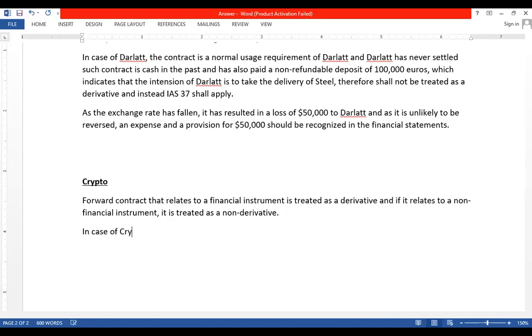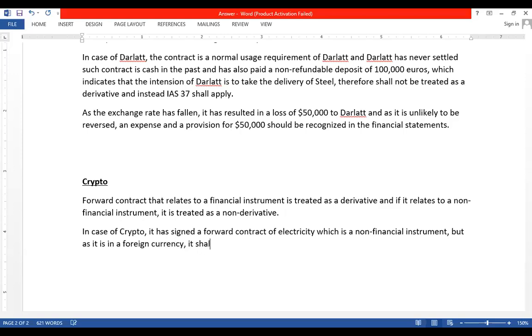In case of crypto, it has signed a forward contract of electricity, which is a non-financial instrument. But as it is in a foreign currency, it also has an embedded derivative in it.